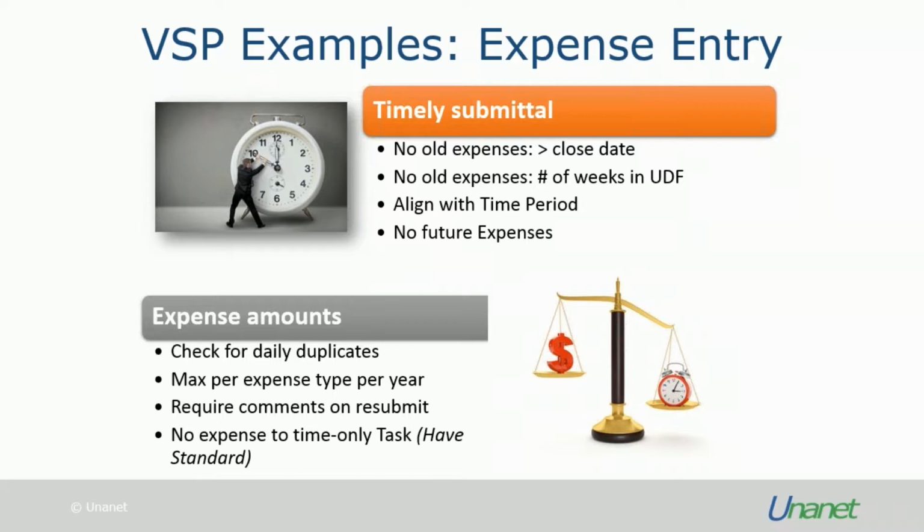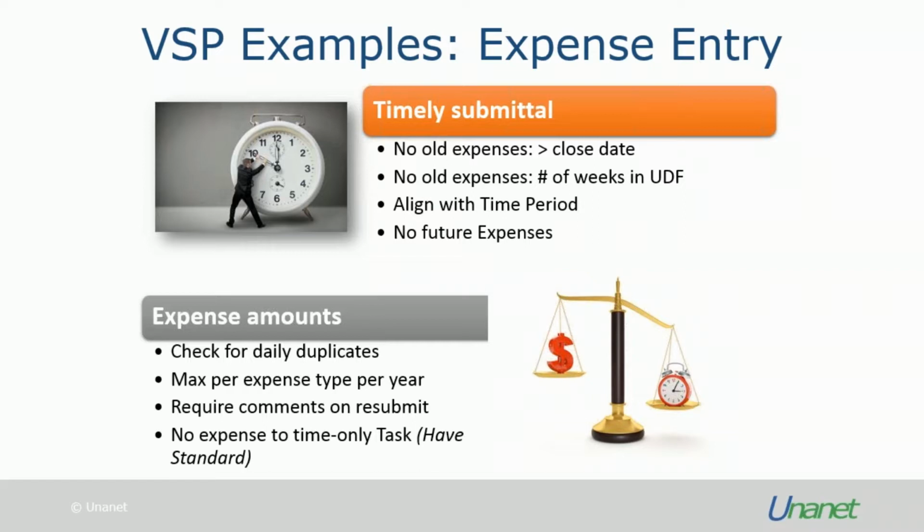And if a user submits an expense report which is beyond a certain cutoff date, then they will get an error message saying that, sorry, you're not allowed to submit this expense report because it is beyond this time. Again, if you don't want to allow them to submit future expense reports, you can have that option built into your VSP. We already have one standard VSP for expense in place which says that you cannot put in expense on time-only tasks.